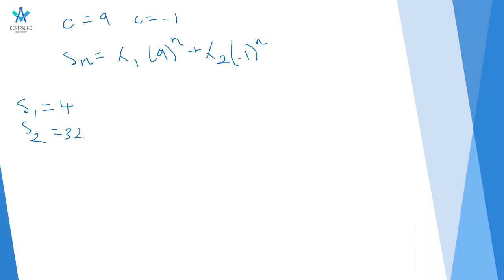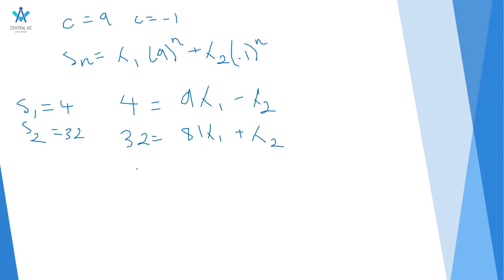So let's substitute. S of 1 will be 4, so we get 4 is equal to 9 lambda 1 minus lambda 2, and we get 32 is equal to 81 lambda 1, well, it's not minus, it's plus, because that's a -1 squared, so that's plus lambda 2.